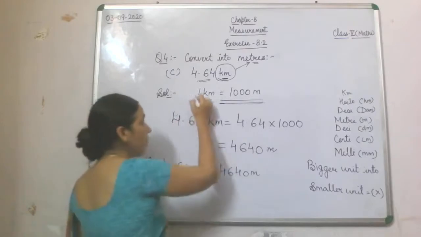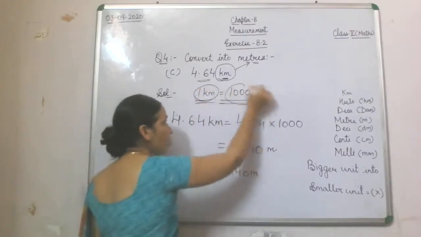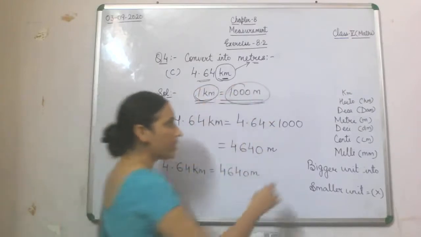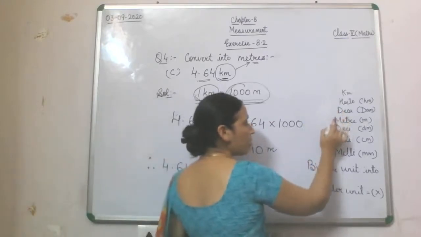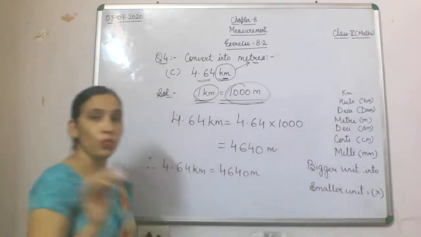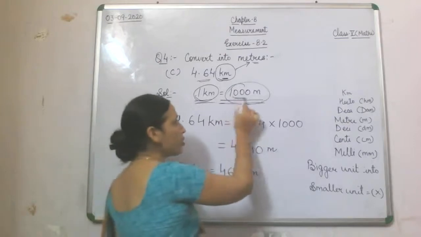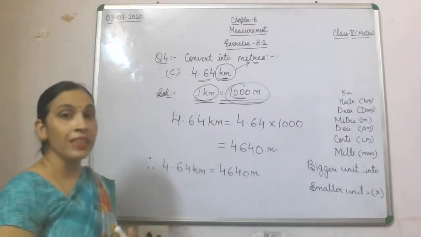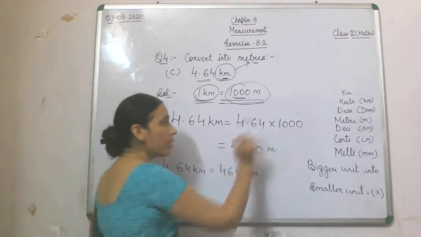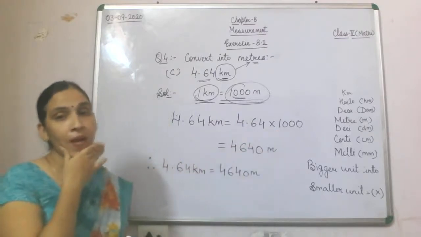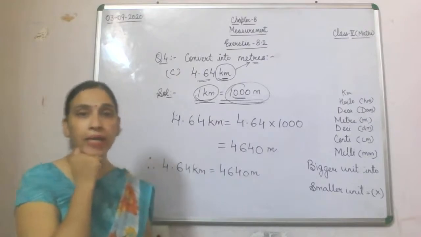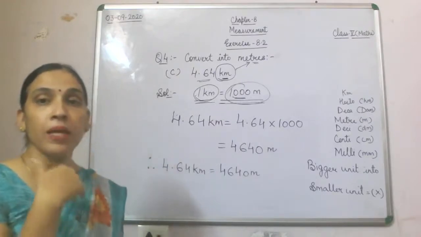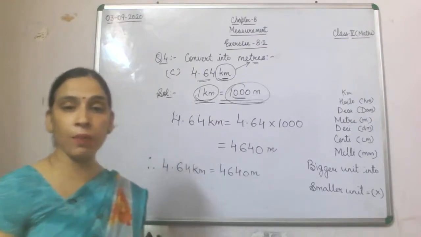If you don't remember this relation, then we can find the relation from here. 1, 2, 3 steps we are getting down. So 1 will be followed by 3 zeros. Then 4.64 kilometer will be multiplied by 1000. Now multiplying a decimal number by 10, 100 or 1000 means in that number the places will be taken by zeros.